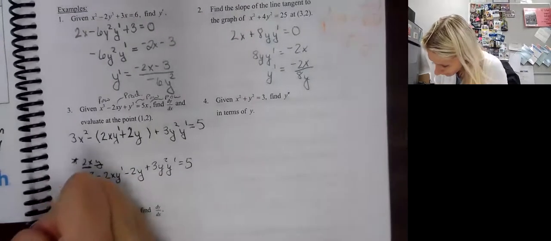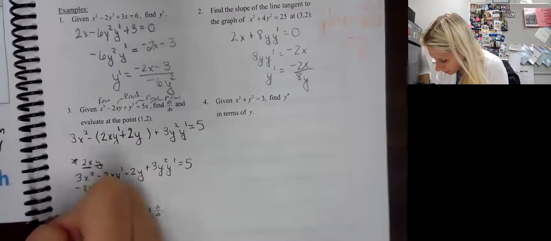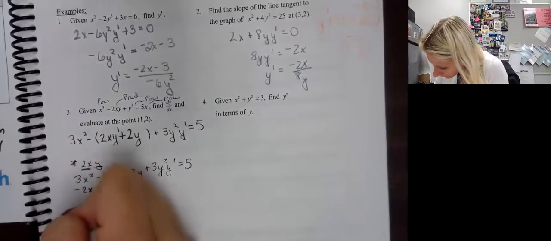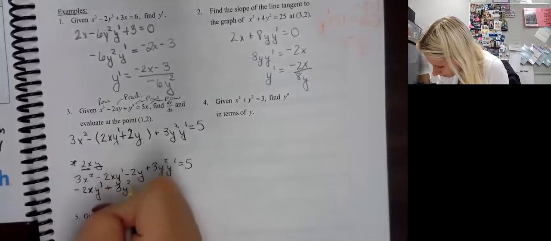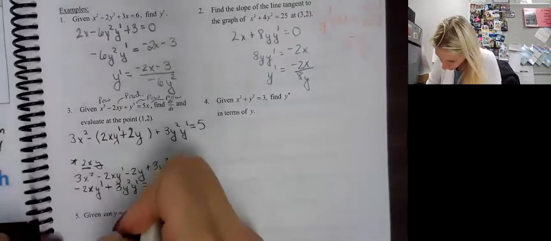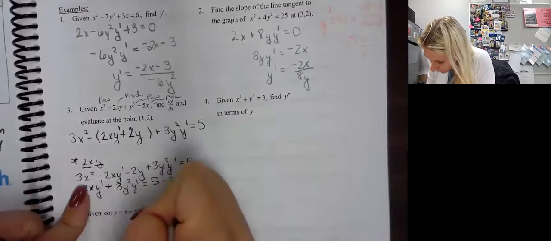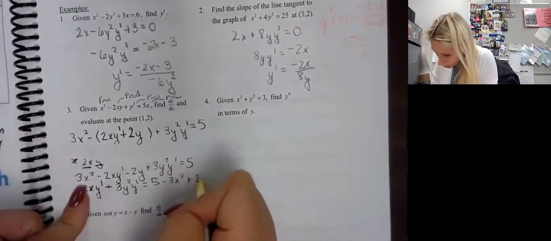So I have negative 2x y prime plus 3y squared y prime equals 5 minus 3x squared plus 2y.